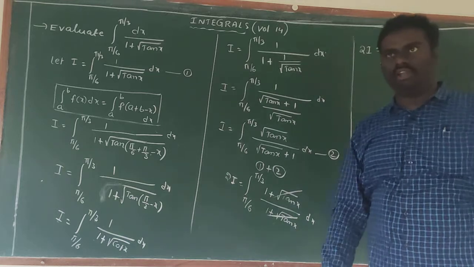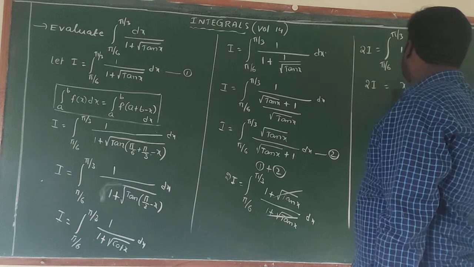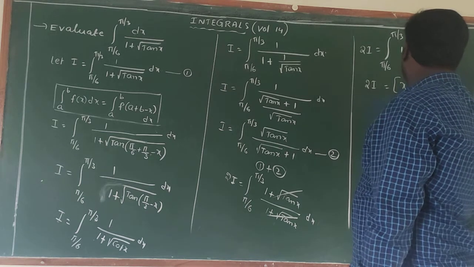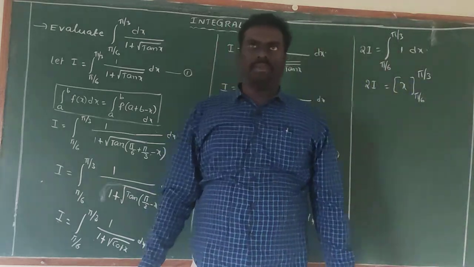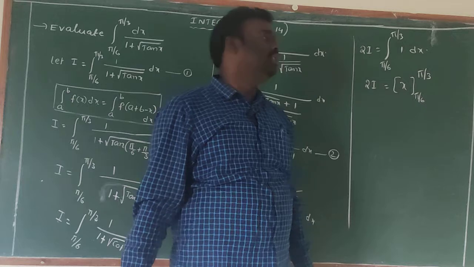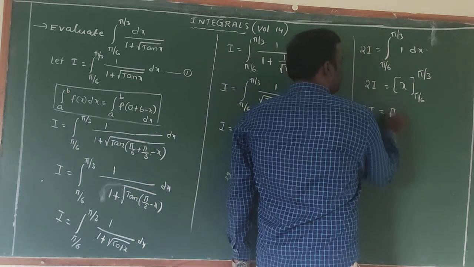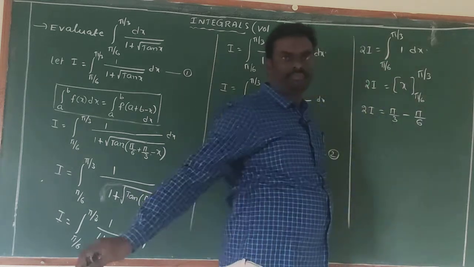What is the integration of 1? x. Then 2I is equal to x between the limits pi by 6 and pi by 3. First we need to substitute the upper limit, minus we need to substitute the lower limit. Then 2I is equal to pi by 3 minus pi by 6.